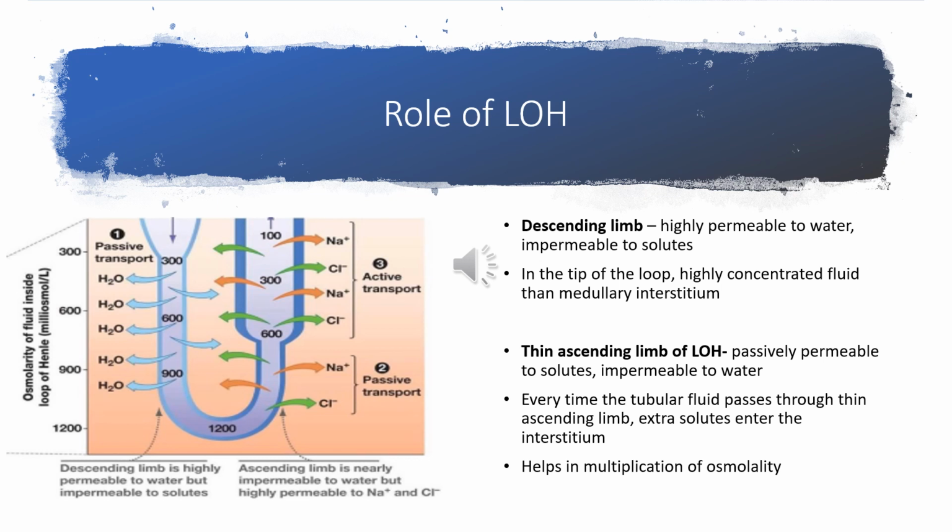And when this fluid reaches the thin ascending limb of loop of Henle, this thin ascending limb is passively permeable to solutes but impermeable to water. So what happens? Water cannot be reabsorbed from that segment, but some amount of solutes will be passively reabsorbed. Okay.